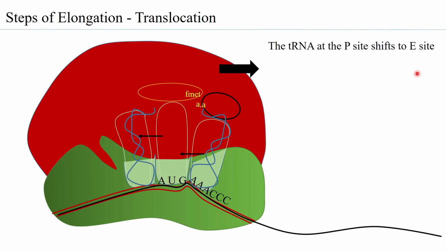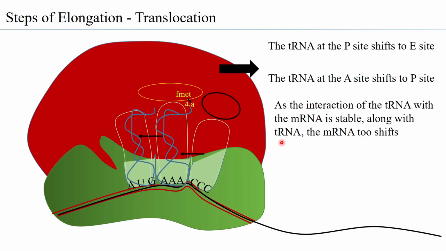So the tRNA at the P site shifts to the E site, the tRNA at the A site shifts to the P site, okay? And as the interaction of the tRNA with the mRNA is stable, the mRNA is also shifting. So everything is shifting by one codon, one triplet codon, if you can note, okay? So that is the very interesting fact about translocation.